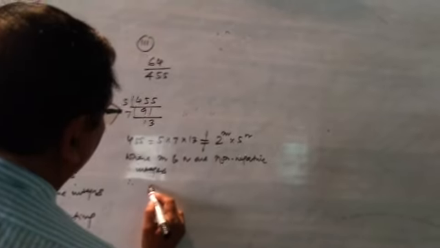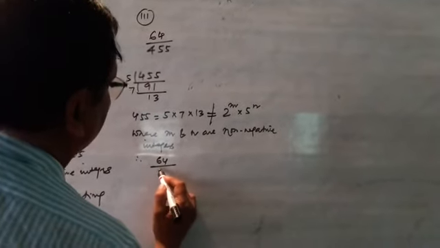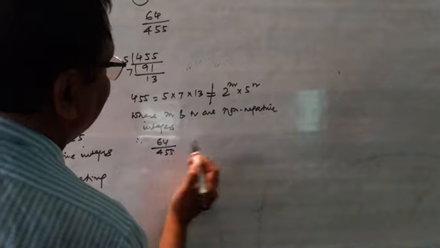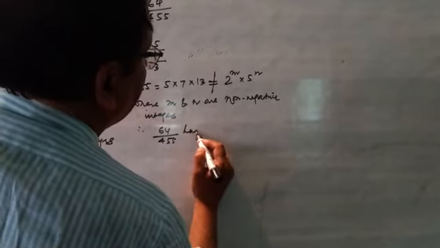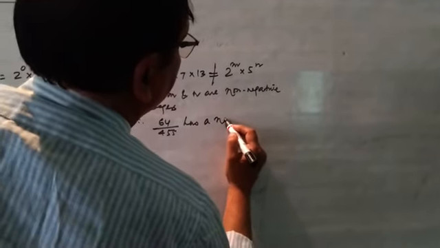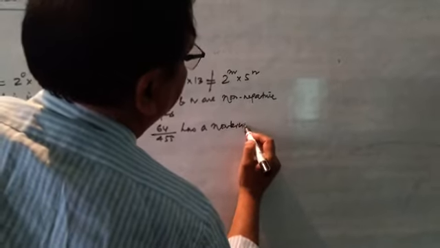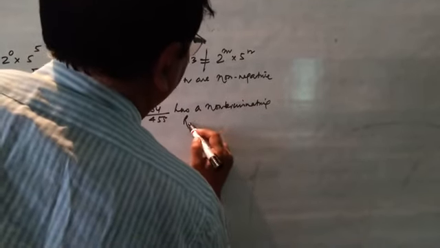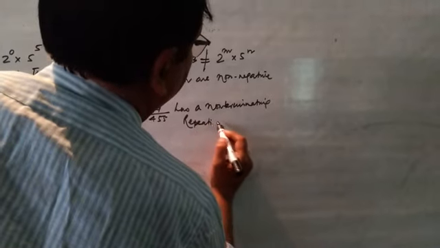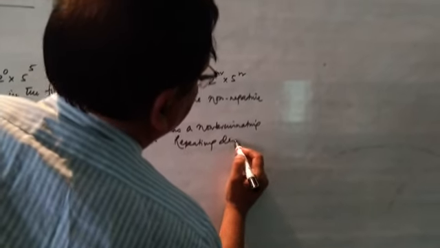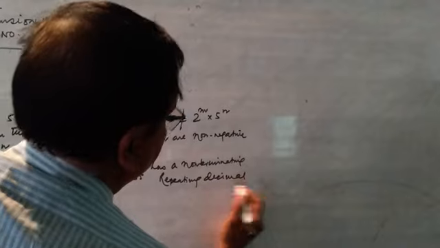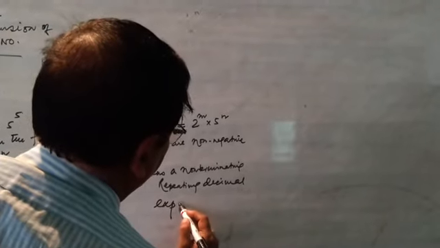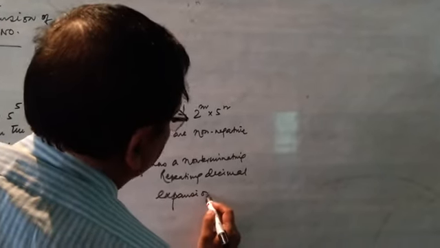Therefore, 64 by 455 has a non-terminating repeating decimal expansion. Hope you understood it.